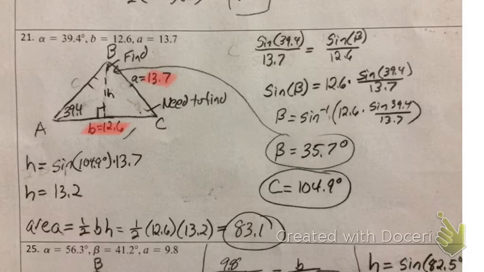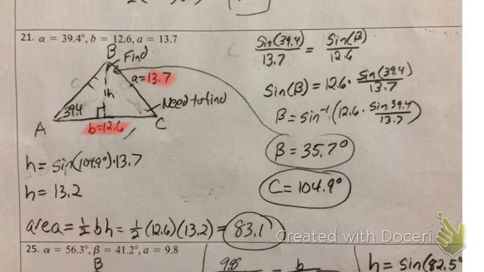So sine of A over side A is going to equal sine of B over side B, which is sine of B because I don't know B, over 12.6. Simplifying down, I get sine of B equals all this stuff. I have to take the inverse of both sides to get B equals 35.7, which then gives me C equals 104.9.